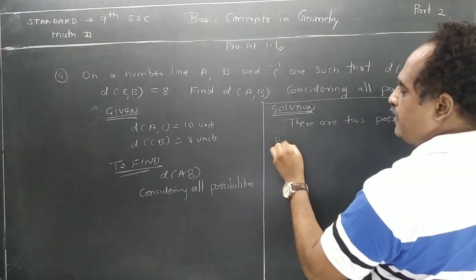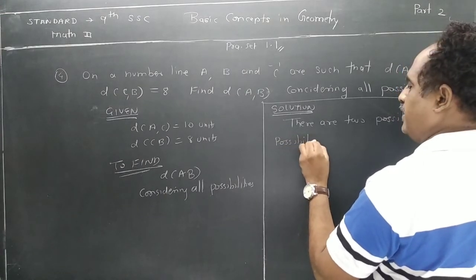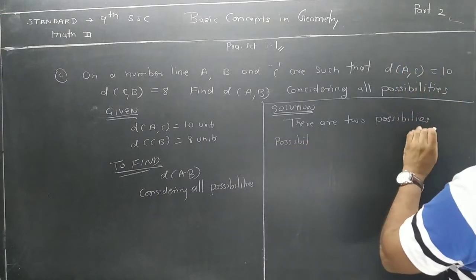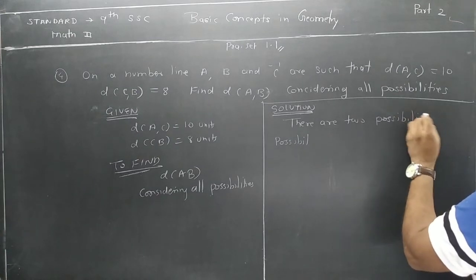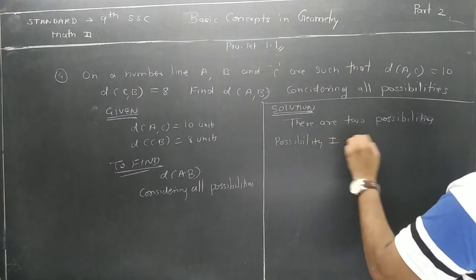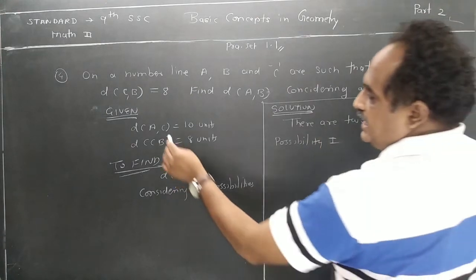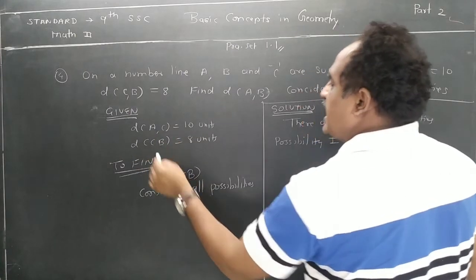Possibility 1. See, A and C are points, and C and B are points.